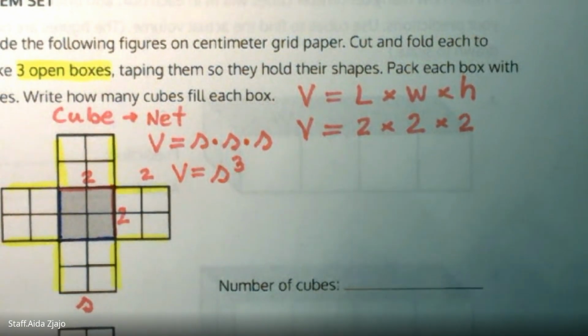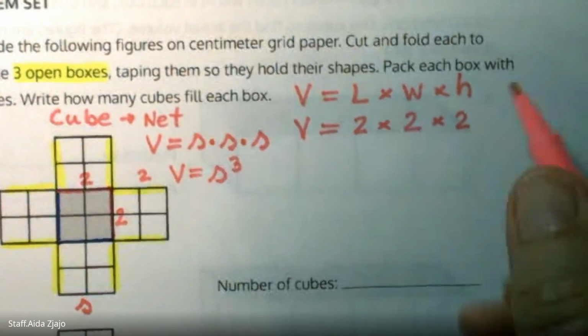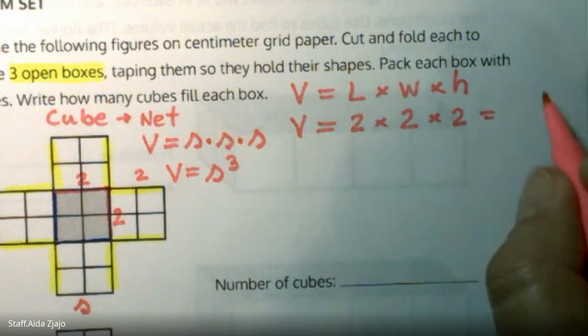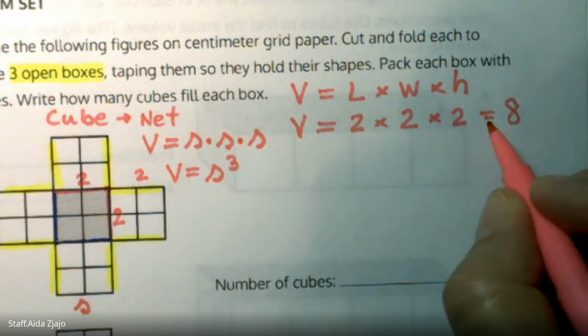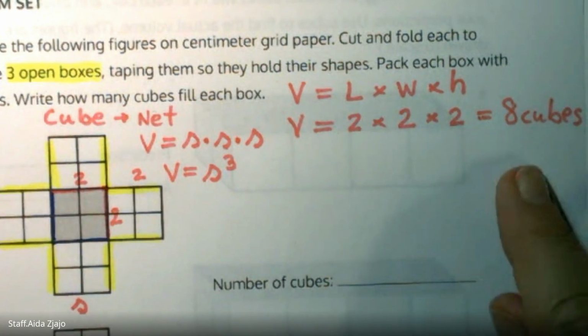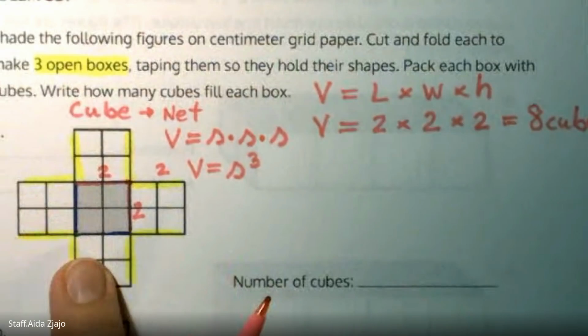That could be a good explanation for it. So now we can also solve this. 2 times 2 is 4. 4 times 2 is 8. So 8 cubes will be the volume of this net.